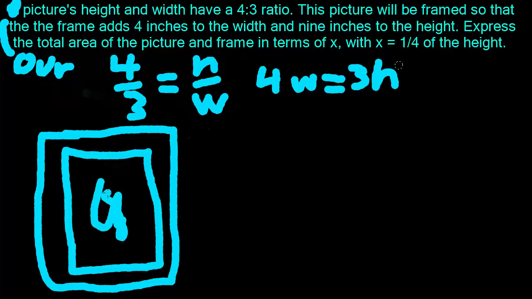Now we have x as 1/4 of h, so I'm going to make it easy and just substitute in x already. I'm going to do some simple algebra and then you'll see how what we've learned comes into play here. So x is actually equal to, oh wait, that is wrong. It's actually h over 4 equals x.